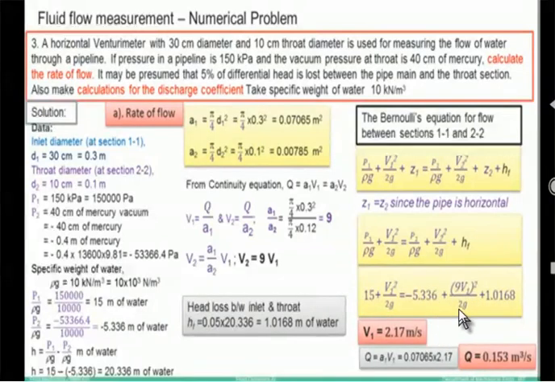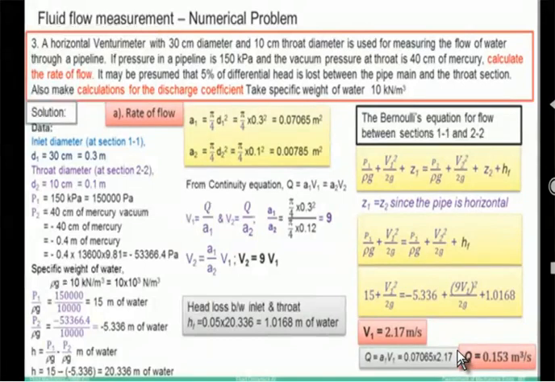We will get v1, because the only unknown thing here is v1. Already we know that q is equal to a1 v1. We know the value of a1 and we find the value of v1. We will get the discharge, that is the rate of flow, which is our first required answer: q is equal to a1 v1, which is 0.153 meter cube per second. This is our first required answer.